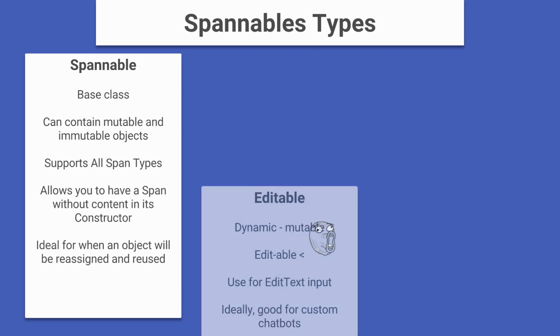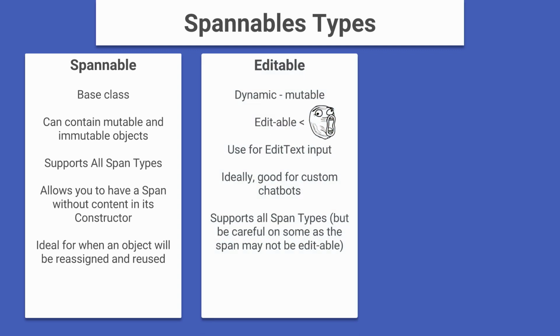And then Editable. So it's dynamic, it's mutable, it's editable, lol. So you pretty much would use this in situations where you're going to be using like an EditText. And like I talked about earlier, some of those messenger applications where you're going to be adding in objects or even different fonts, potentially different languages in the same string without having to do a lot of involvement on that.